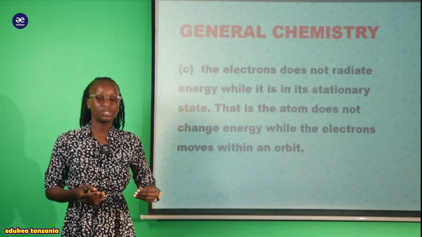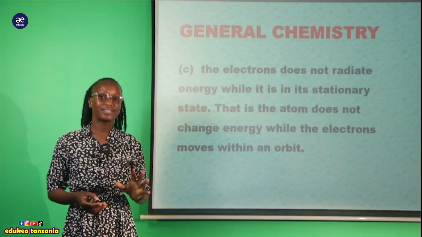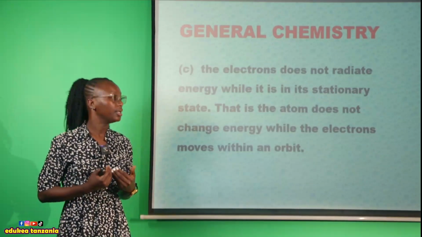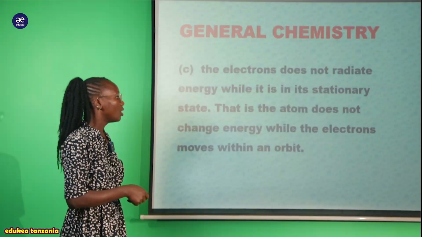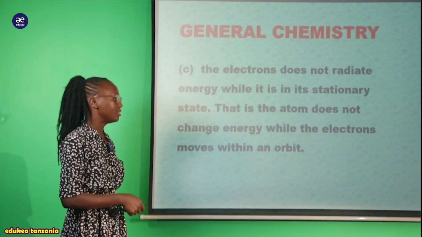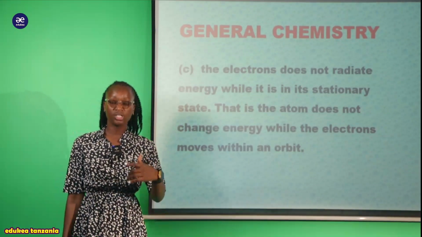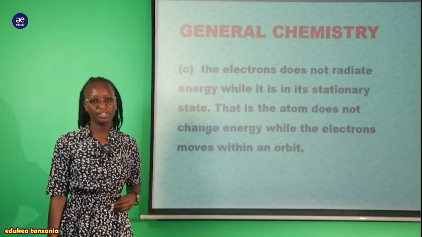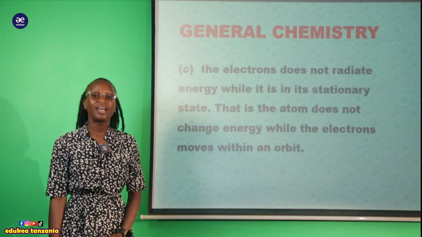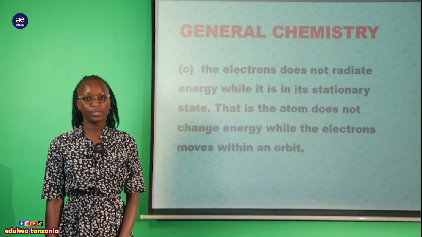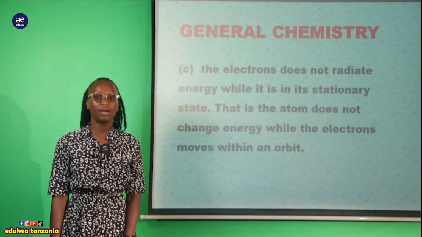Kwamba hizi electrons zinapokuwa kwenye stationary phase hazi-radiate energy yoyote ile. That is, the atom does not change energy while the electron moves within an orbit. Kwa hiyo kumbe zile electrons zinavyo move kwenye orbit, no energy change. No energy change kwa sababu tumeambiwa does not radiate energy. Hamna energy yoyote inayobadilika.